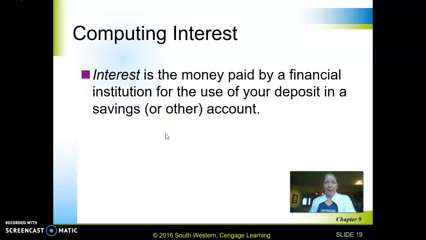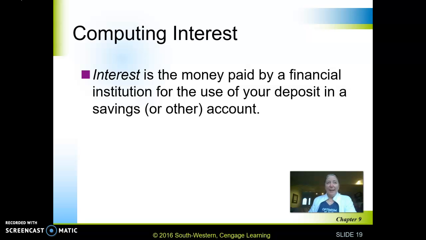So to compute that interest, what is it? It is money that's paid by a financial institution for the use of your deposit in a savings account. So I put money in a Fifth Third Bank, and they use that money to loan out to others, to pay things, to do whatever. So they're using your money. The use of that money is a cost for them, so they have to pay me interest on my deposit.